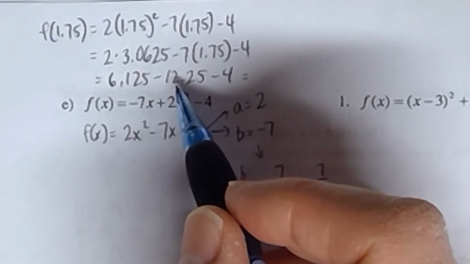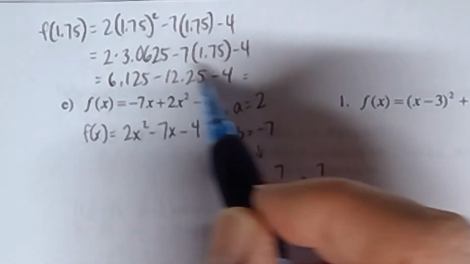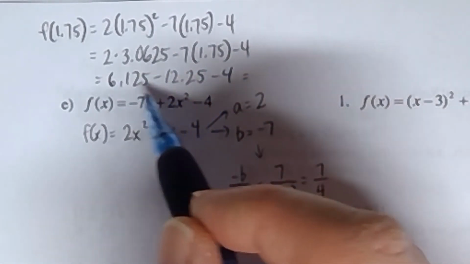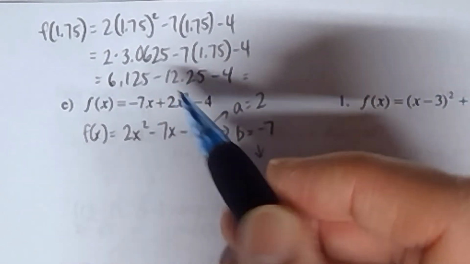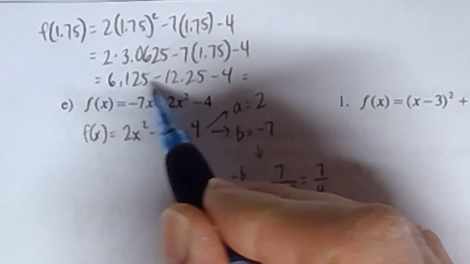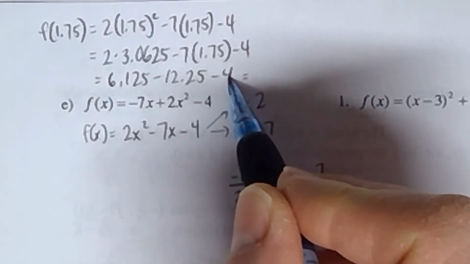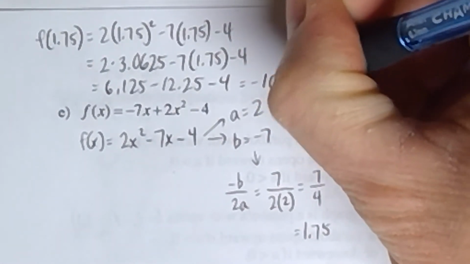Start out from the left, as always. When you subtract, if subtraction is all you've got left, go from left to right. So we get negative 6.125 on the first part, and then minus 4 is going to be negative 10.125.